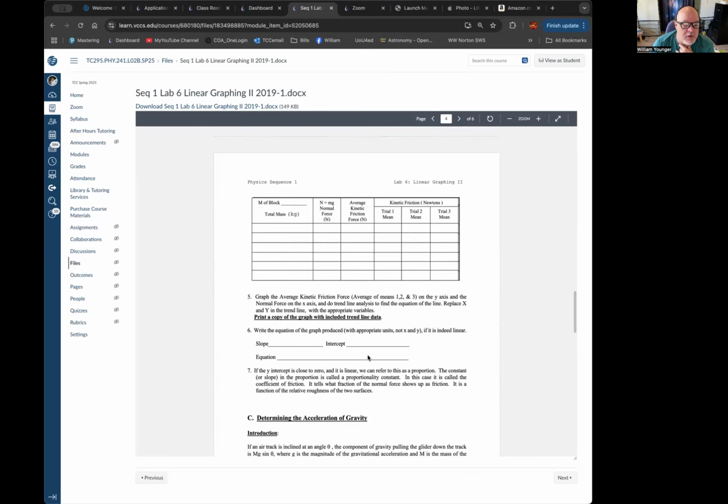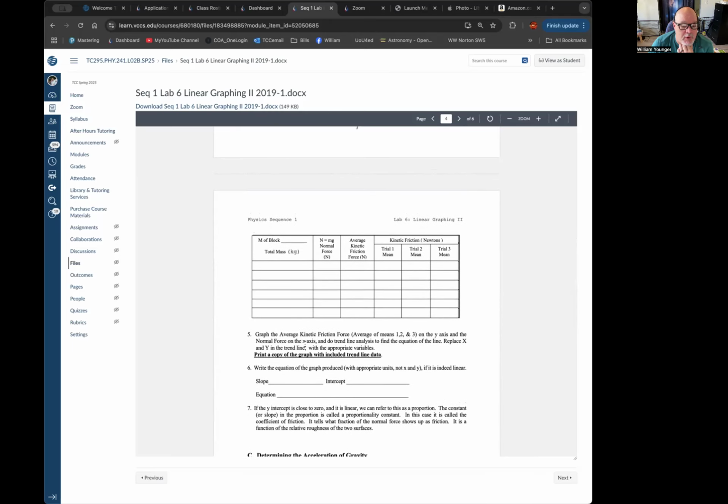As you can see here, they're asking you to graph the average kinetic friction force on the y-axis. So the friction force is on the y-axis, and the normal force on the x-axis. So the normal force is basically, because this is going to be a level surface, you know from your lecture that you normally take the summation of forces in the y direction is equal to mass times acceleration.